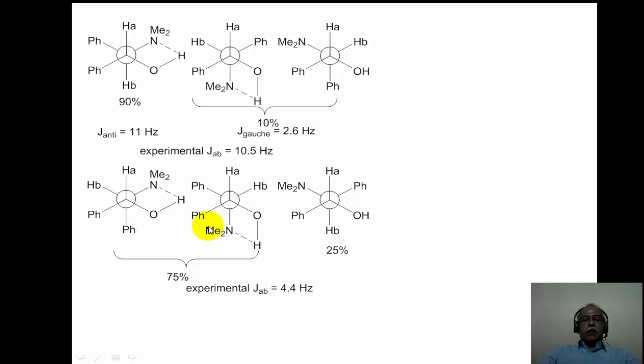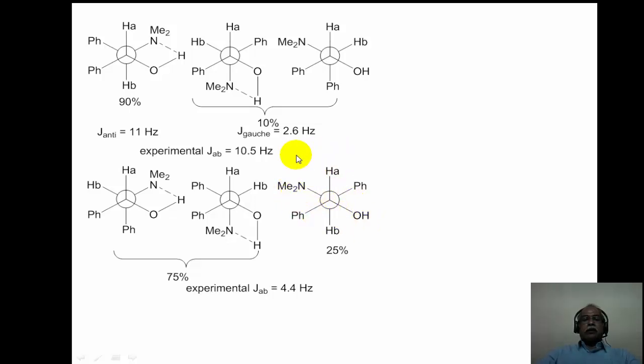So one can expect these three, which are relatively speaking less stable compared to the threo conformers, to be equally populated in this particular case of the erythro isomer. The experimentally observed J value between these two vicinal hydrogens is about 4.4. So this is estimated to be contributing about 75% of the mixture of these two with internal hydrogen bonding interaction, and about 25% of the non-hydrogen bonded gauche isomer in this particular case.